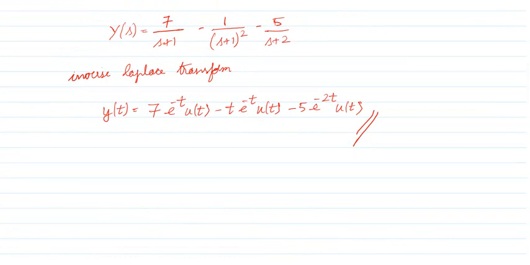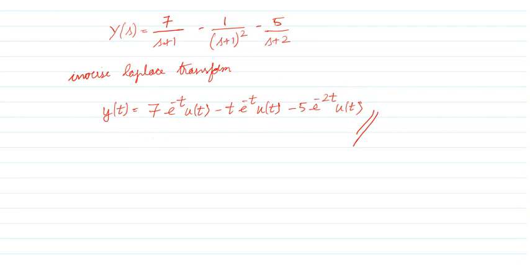Now we can easily take the inverse Laplace transform, because 7 into 1 by s plus 1 is e power minus t u of t. Here it is s plus 1 whole square, so t into e power minus t u of t. Then minus 5 into 1 by s plus 2 means minus 5 into e power minus 2t u of t. So this is the inverse Laplace transform of Y of s.